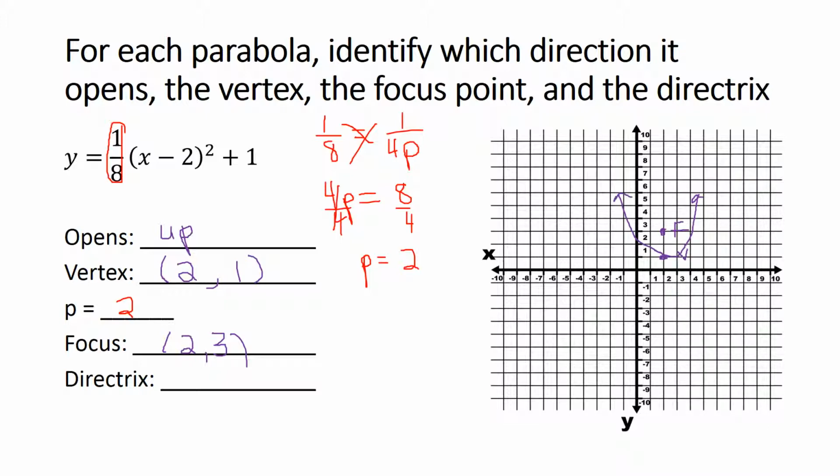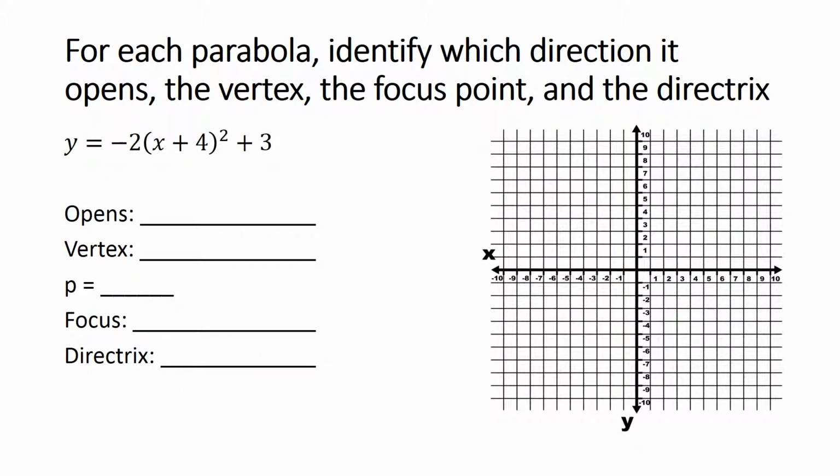The directrix, I need to go in the opposite direction. If I went up 2 to get the focus, I need to go down 2 places to get the directrix. And that's just going to be a flat line through -1. So we're going through the y-axis at -1, so my directrix is y equals -1.